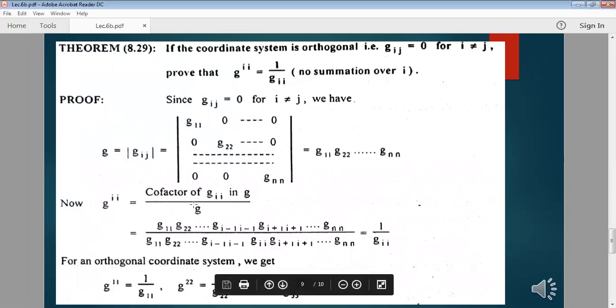And this determinant is equal to G11, G22, G33, and so on, and the last term is Gnn.